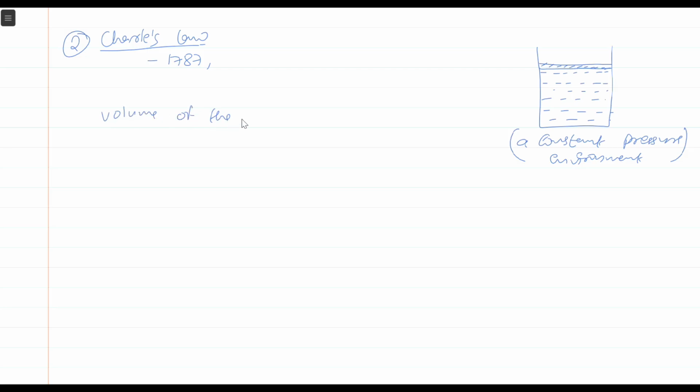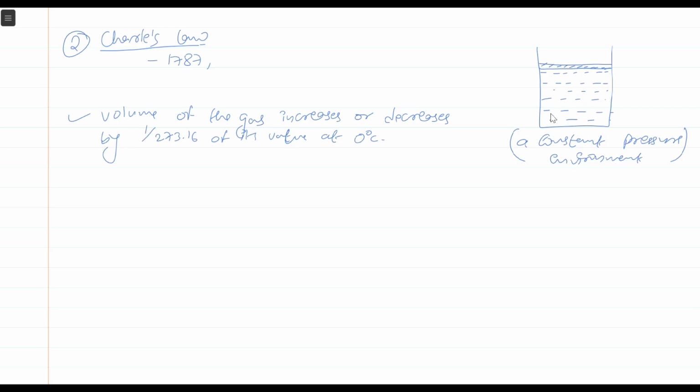The volume of the gas increases or decreases by 1 by 273.16 of its value at 0 degrees Celsius. So he found out this: the volume of the gas either increases or decreases by 1 by 273.16 of its volume at 0 degrees Celsius.